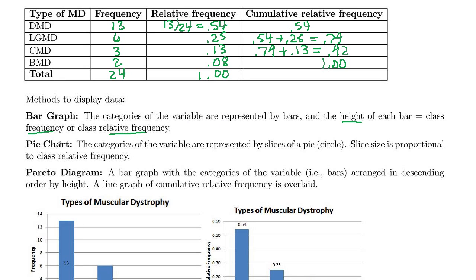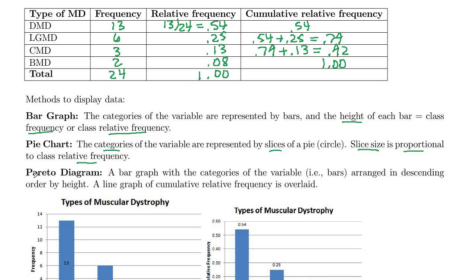With pie charts, your categories are going to be slices. So the categories are slices of the pie or slices of the circle, and your slice size is proportional to the relative frequency. So a pie chart is going to be for relative frequencies. Now, something specific with a pie chart, they have to add up to 100%. Otherwise, you can't use a pie chart.